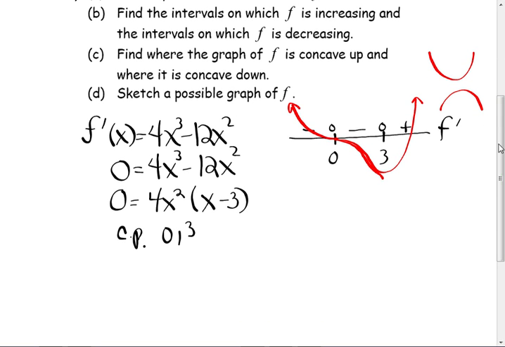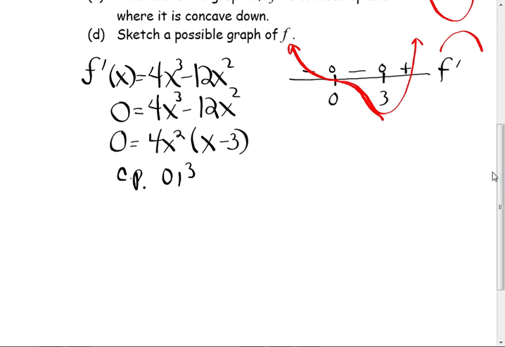What's the second derivative of my function? I get 12x squared minus 24x. Is that okay?